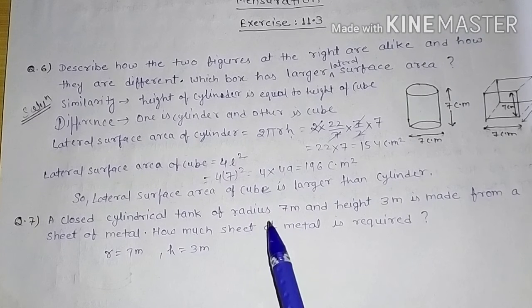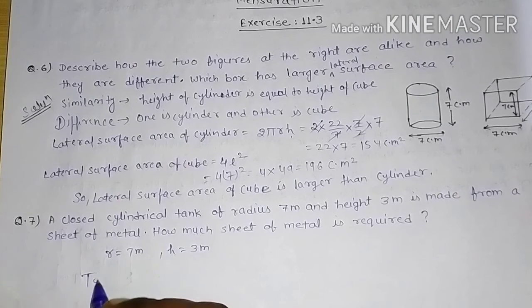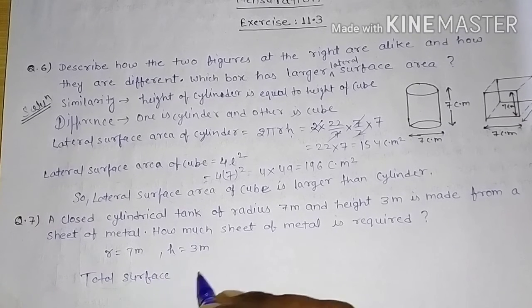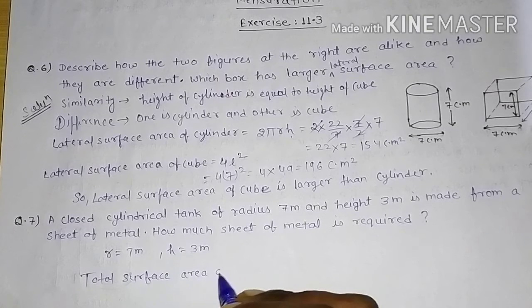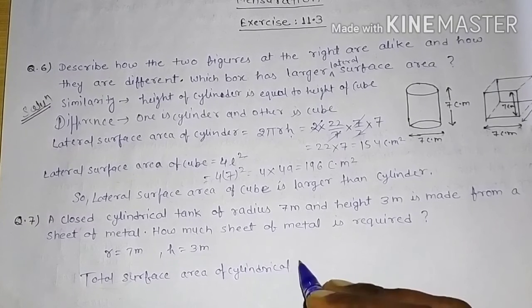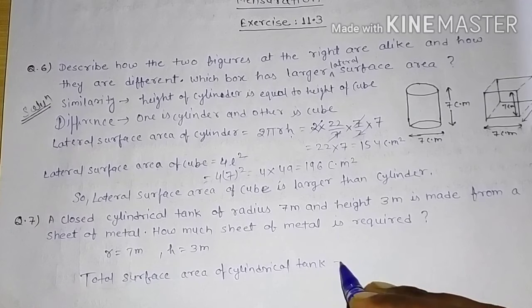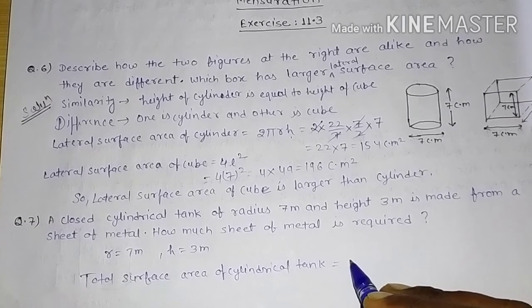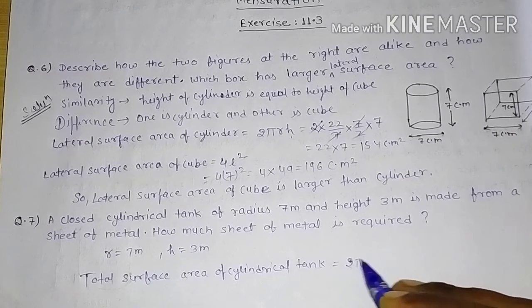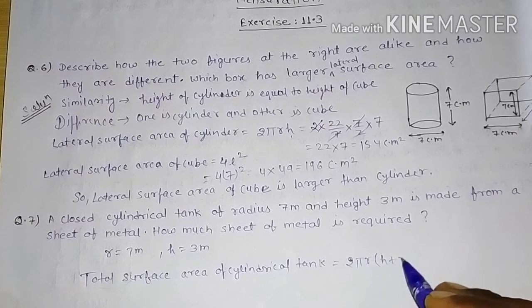And we know the formula, total surface area of a cylindrical tank is equal to, we already studied the formula of total surface area of a cylinder, that is 2 pi r (h plus r).